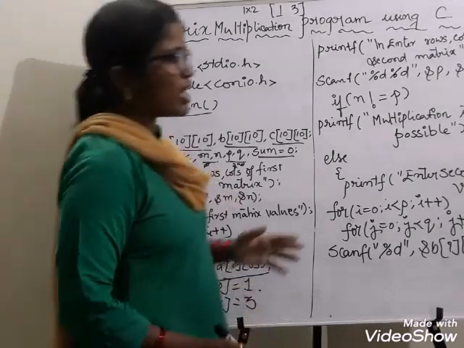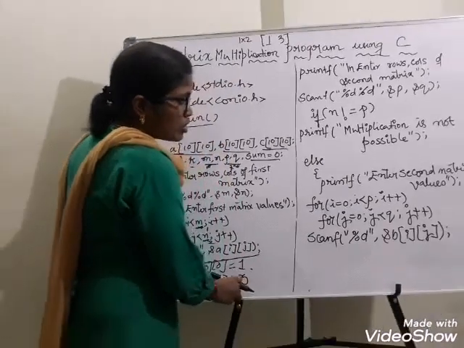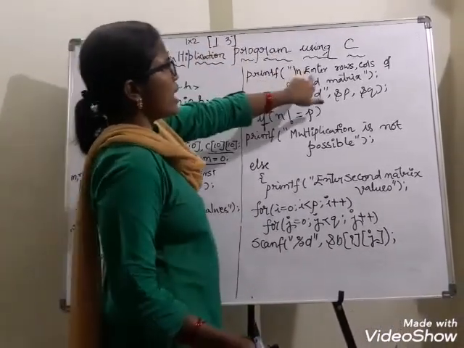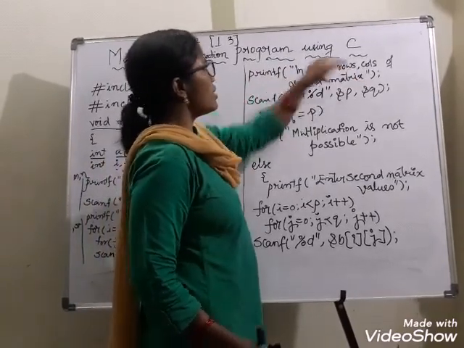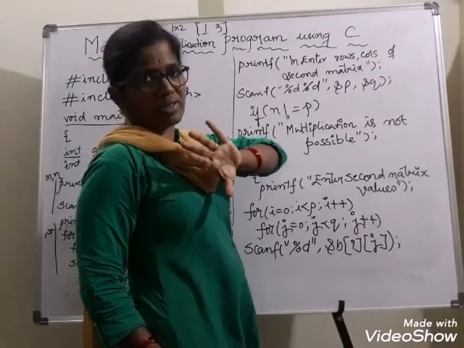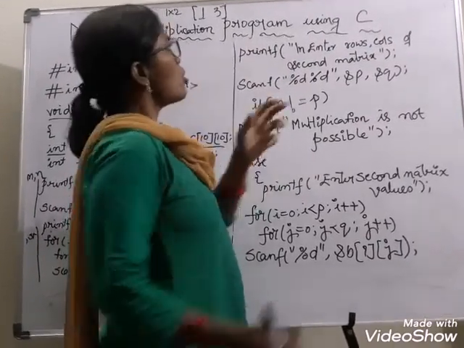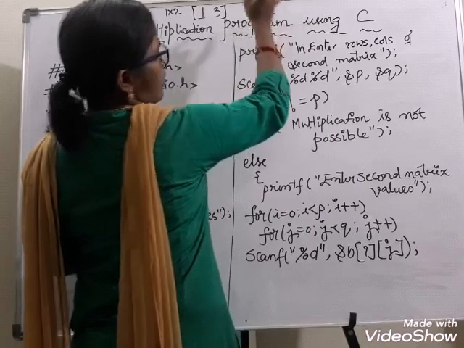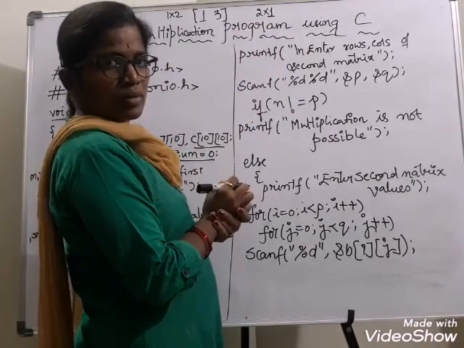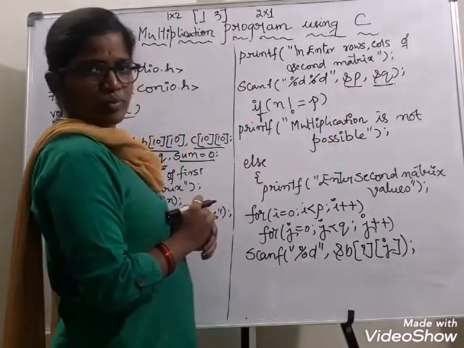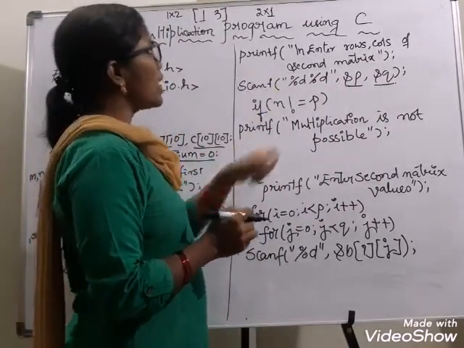So let's move to the other part. Next, I am writing: enter the next line, enter the rows and columns of the second matrix. So I am entering it as 2 by 1, P by Q. What do you require?